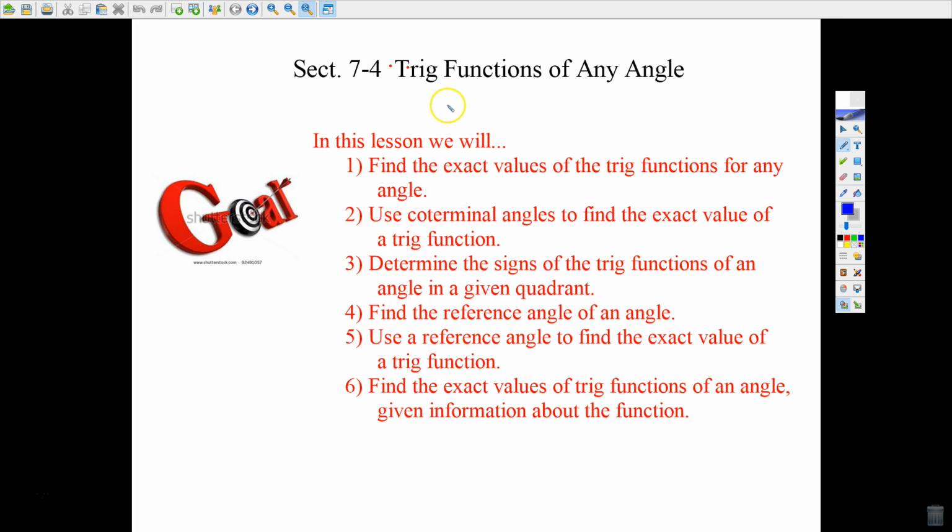But in reality, even though those are very popular and we need to be familiar with them, we also need to be able to find trig functions of any angle that we're asked to find the value of.